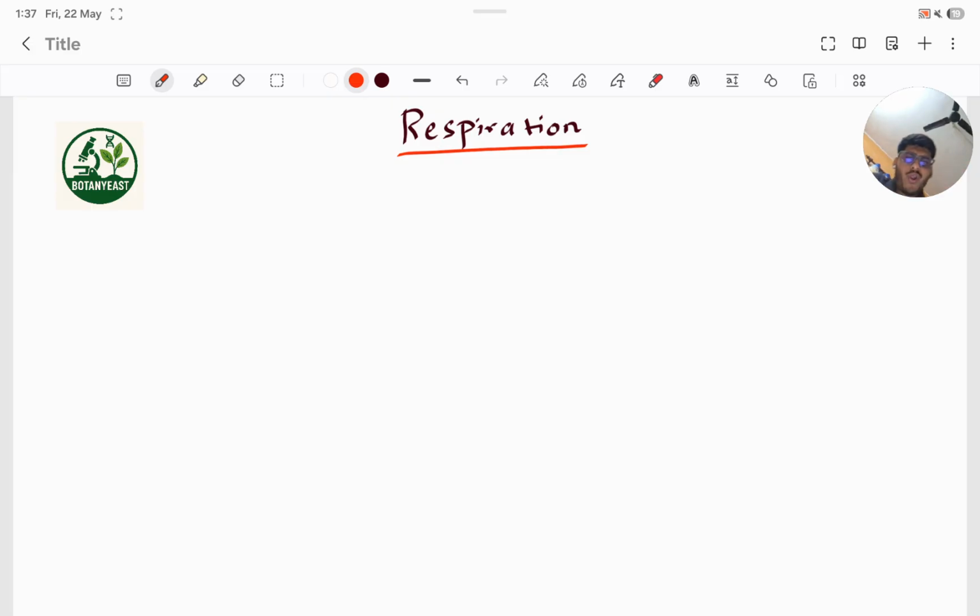We have all known about respiration from lower classes, but in this lecture, we will be knowing in more detail about the process of respiration. So, we all know respiration is the process by which breakdown of what?